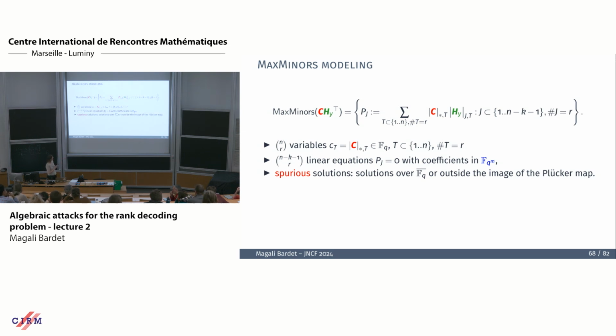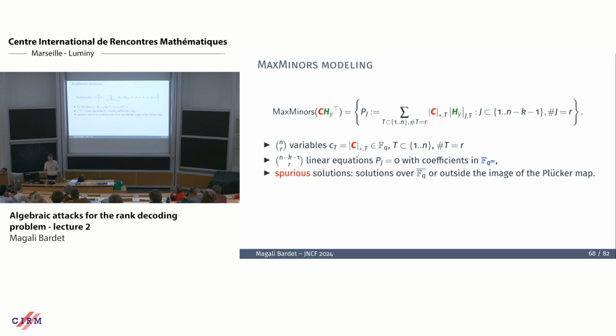The ones that are solutions over the algebraic closure of FQ, because we never said the coordinates here have to be in FQ. And the coefficients of the linear equation are in FQ to the m. So by default, the vector space of solutions is described over FQ to the m. And I just want the coordinates, the solutions that have all the coordinates in FQ.